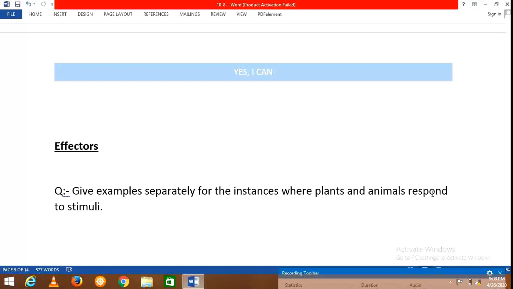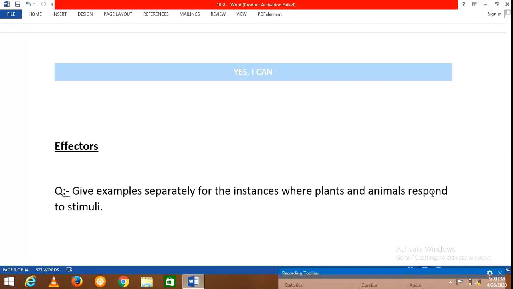The stimuli may be touch, or change in light intensity. For example, leaves of mimosa fold when they are touched. Then leaves of tamarind, sesbania or katurumurunga fold at night because of the less light intensity.